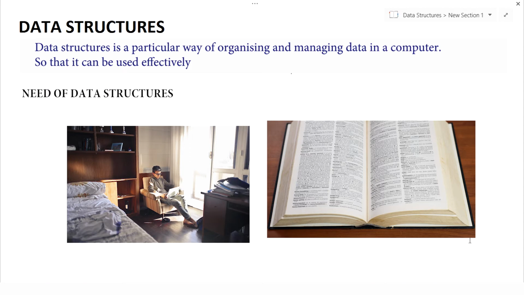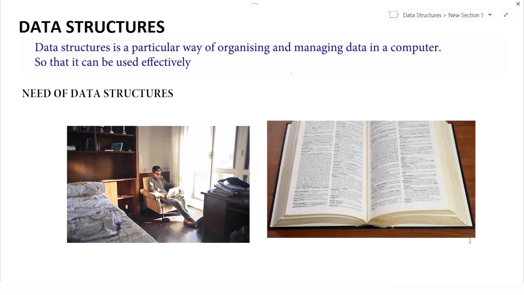That's why they are organized in sorted alphabetic order, otherwise you would have to search through entire pages to find just one word. Can you imagine that? This is exactly the reason why it is so important to organize our data. If we don't organize our data as per any logical structure, we might not be able to find the particular item when we need it.